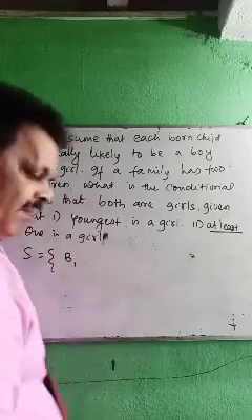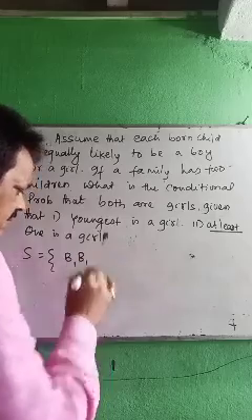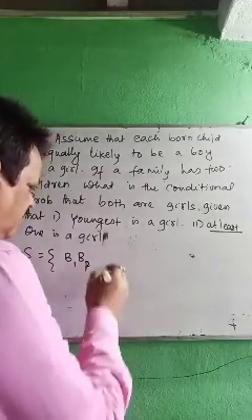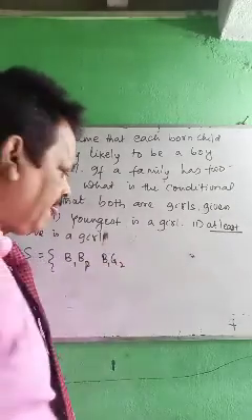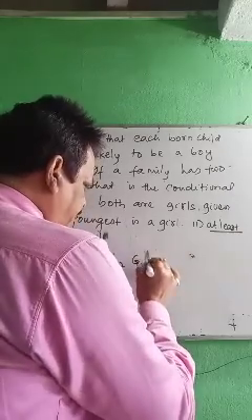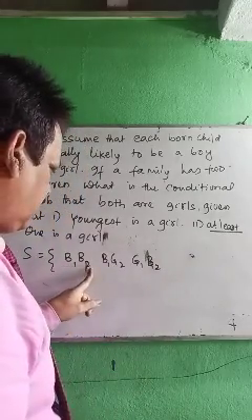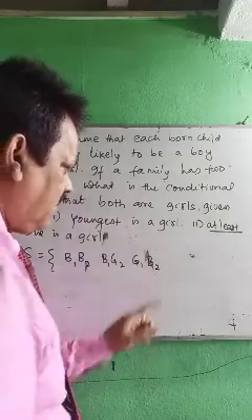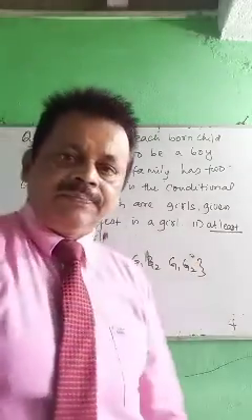First is boy, B1 means the first child is boy, second could be boy, B1 B2, or first is boy, second child is girl, or first is girl, second is boy, or both are girls. These are all possibilities now.